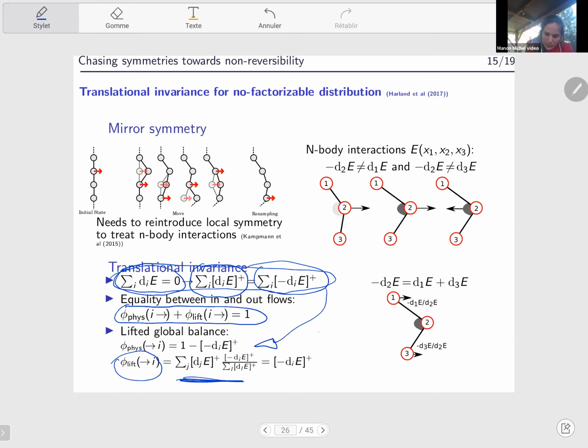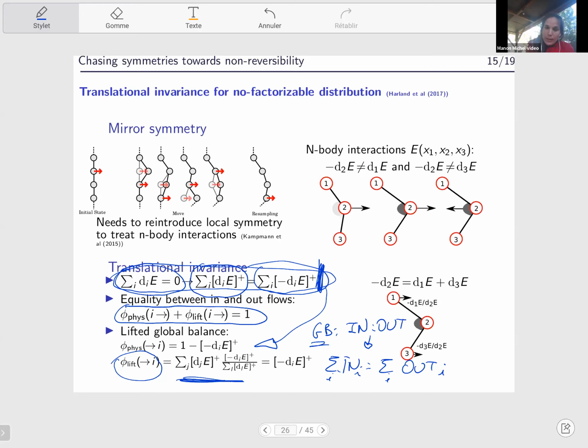And this is again the idea that your global balance, meaning that in-flow equals out-flow, can be subdivided into sub-balances of in and out flows. And so finding symmetry means finding this kind of sub-balances, okay? So here we've been using translational invariance, so it works for any n-body interaction.